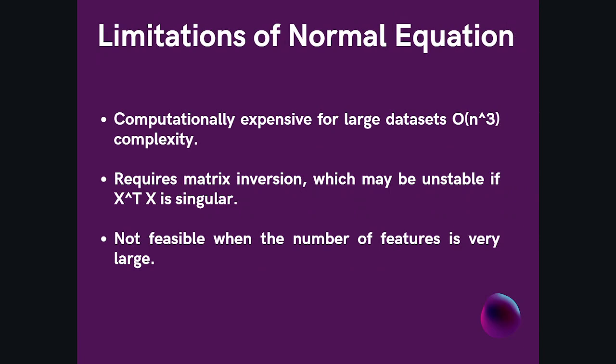Now come to the limitations of the normal equation. As I have said earlier, for larger datasets it is very complex. It is computationally expensive. The complexity of the method is big O notation of n cube, so it is very complex.